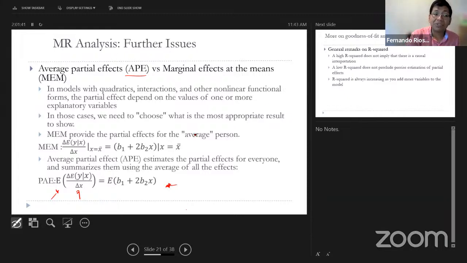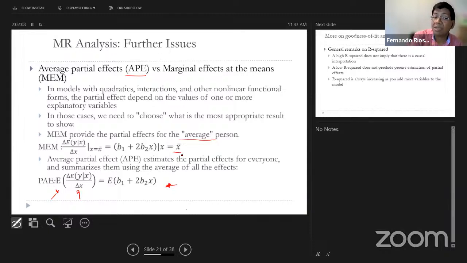The alternate approach is going to be to estimate the marginal effects at some means or at some other variables of interest. One of the most typical examples would be, for instance, to estimate this marginal effect for the average person, evaluating the X's at the X's of that non-existent average person.